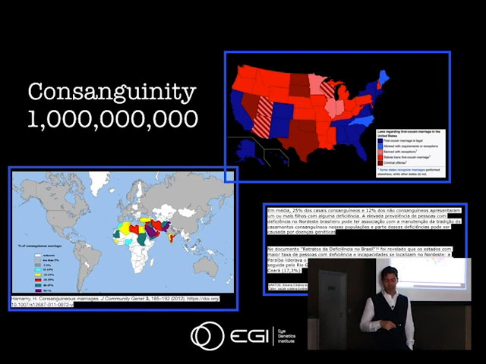So we can go from a criminal offense where you become a criminal if you marry a cousin, to places where it is legal to marry your first cousin. So it is very, very interesting, this heterogeneity that we see inside the US.